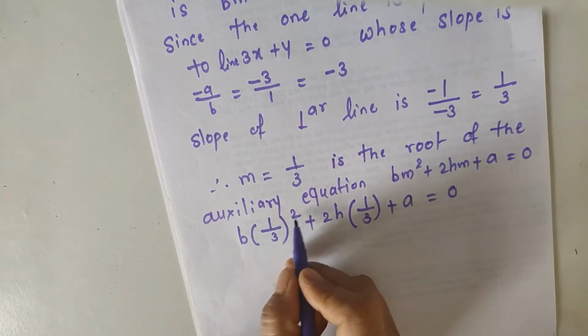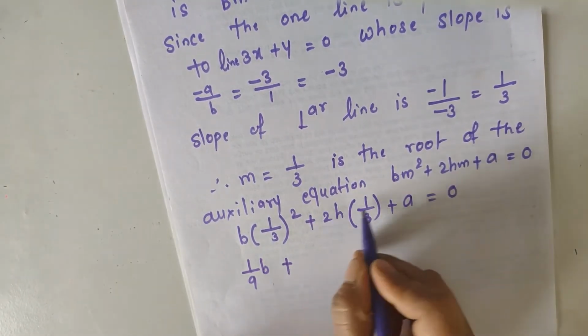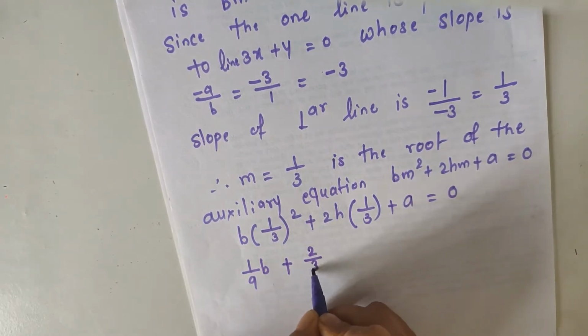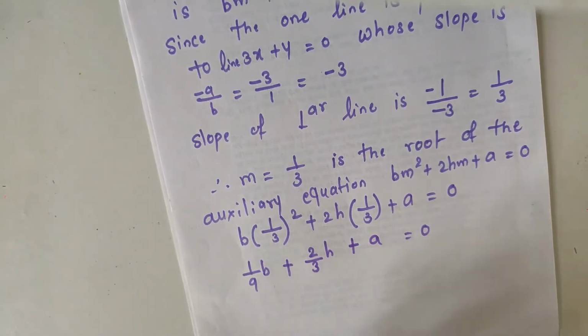So 1 upon 3 square is 1 upon 9, b by 9 plus 2 by 3 h plus a equal to 0.